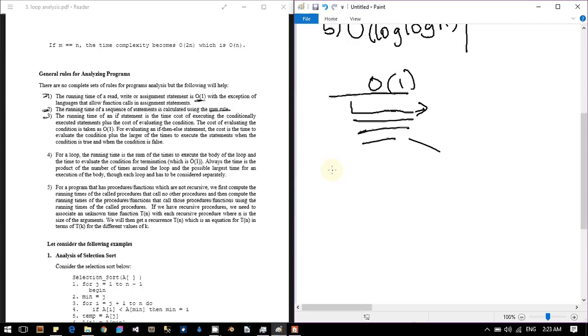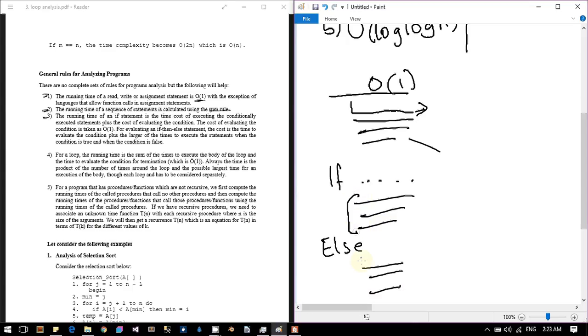Now in an if-else statement, so if so, do this, else do this. What it says is that you find the running time of both branches, then you pick the larger one. So for instance, if this is true and it's order n, or if this is true and it's order n square, you pick the else statement that is order n square and add it to the original if statement, which is what?